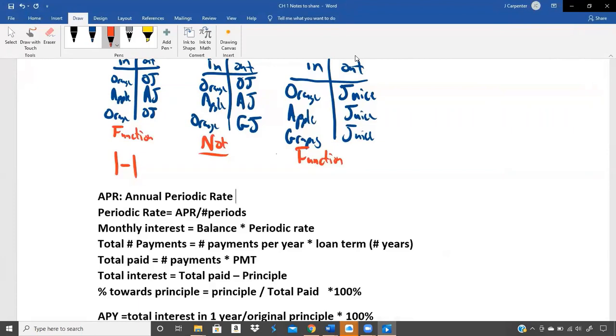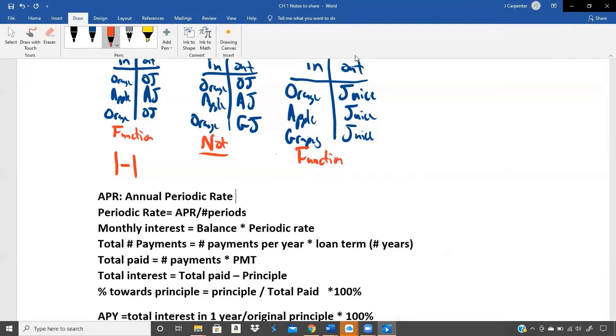Now, an APR is only true if something is doing what we call compounding interest annually. And in the real world, it is extremely rare that interest is compounding annually, which means one time per year. This is something that we're going to get very heavy into throughout the semester.